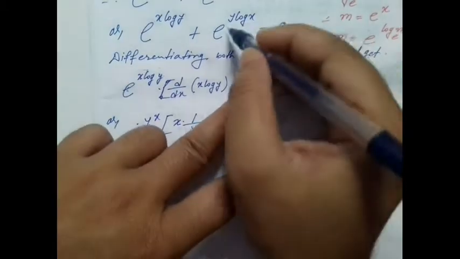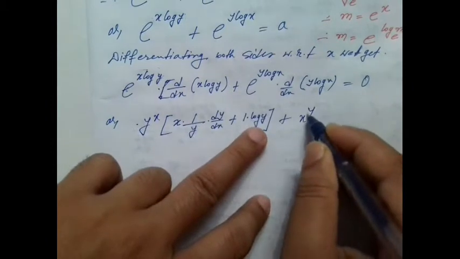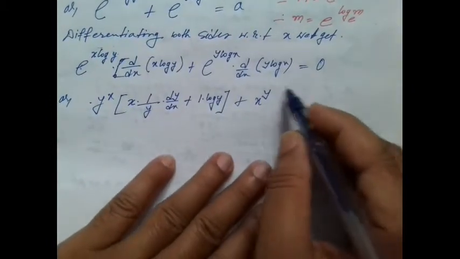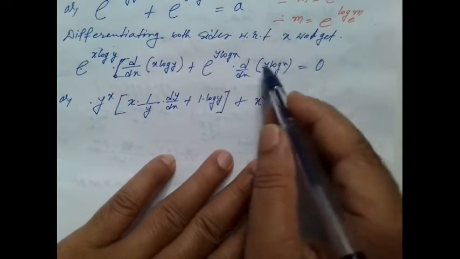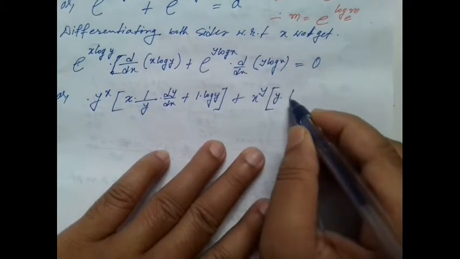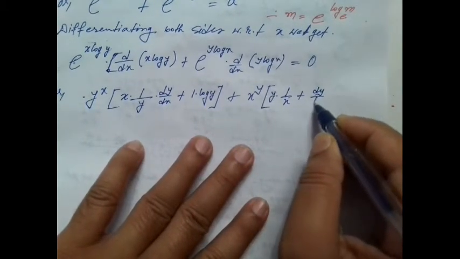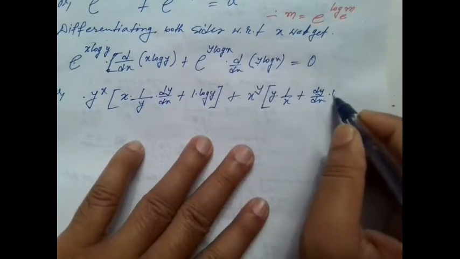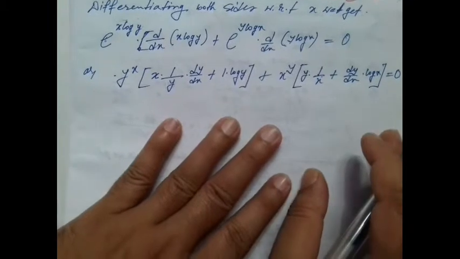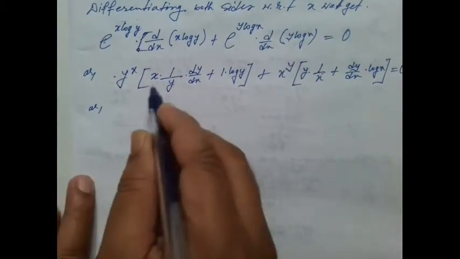Here also, e to the power y log x means e to the power log x to the power y, which means x to the power y only, so we can write x to the power y, and then within brackets we have to take the derivative of this. At first we keep y, then log x, derivative of log x is 1 by x, plus now dy dx, the derivative of y, and keep log x unchanged, equals 0. Now we have to multiply thoroughly.